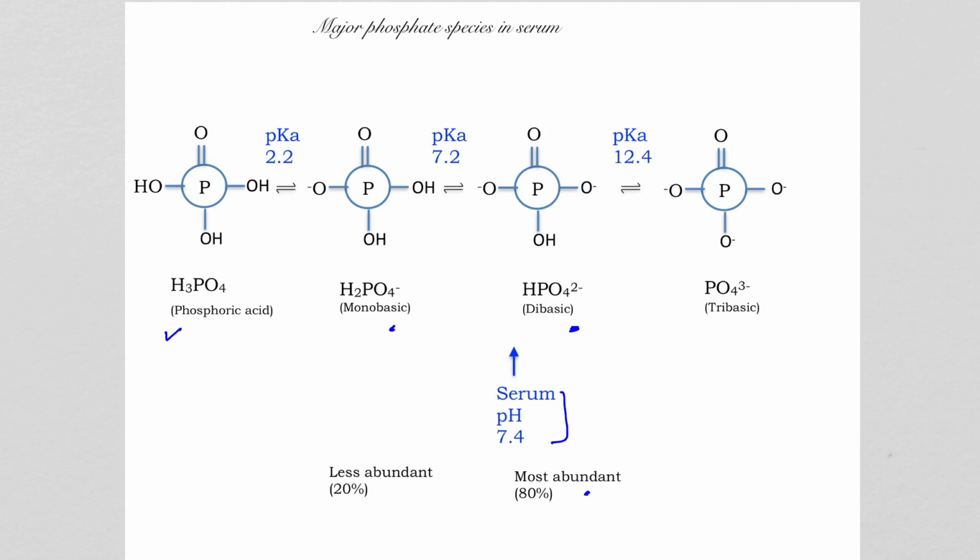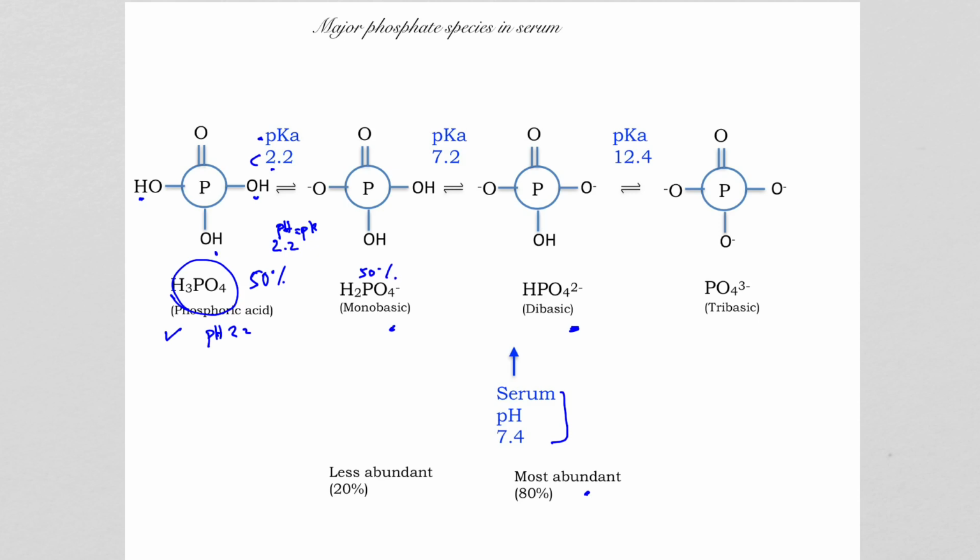This is phosphoric acid. We can see the hydrogens are present in all the three possible places. As long as the pH is less than 2.2, the pKa, this would be the major form of phosphate that you would see in a solution. When the pH is exactly 2.2, same as the pK, then you have 50% of this and 50% of this.